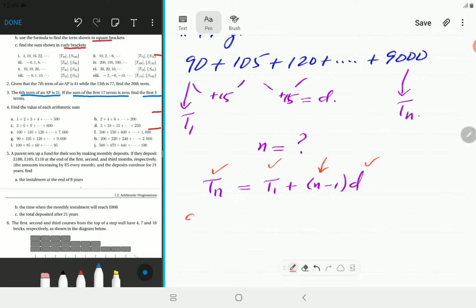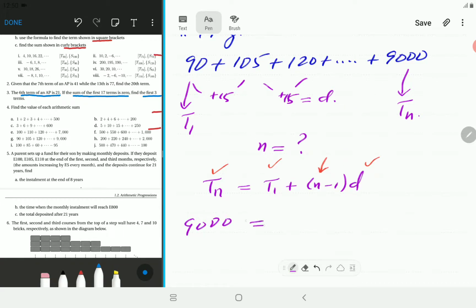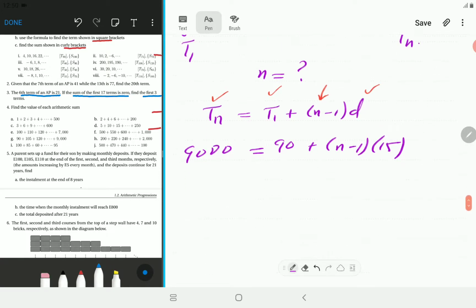So we're going to punch in 9,000 this side, so 9,000 here, 90 here, n minus 1, D is 15.